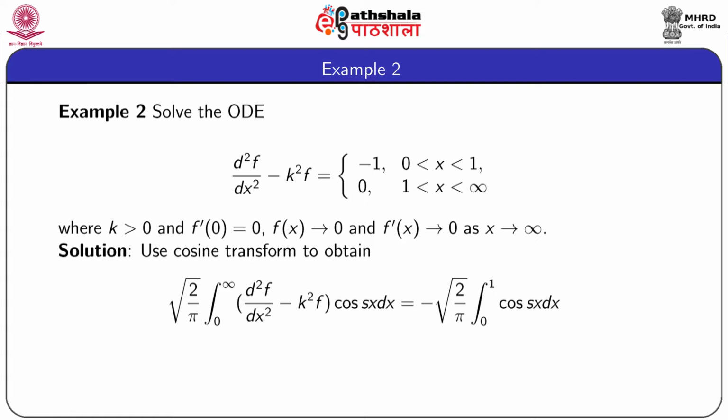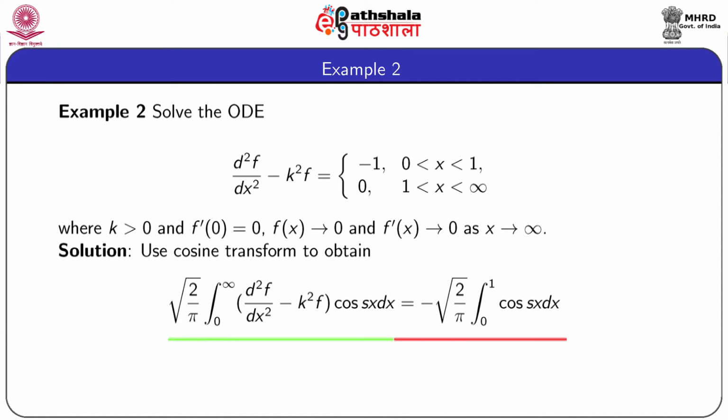To apply Fourier cosine transform, we multiply both sides of the given differential equation by root over 2 by pi cos(sx) dx and integrate with respect to x from 0 to infinity.